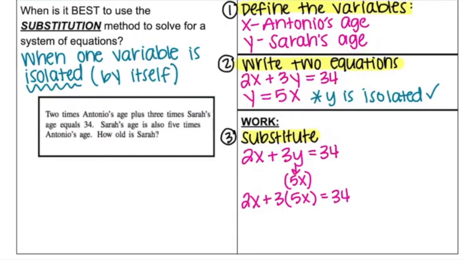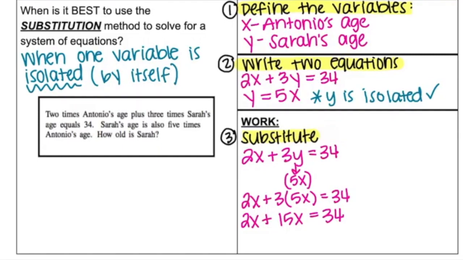So that was our substitution piece. Now we can actually solve for x, and we do that by simply solving out this equation that we have now. So 2x plus, 3 times 5x is 15x, equals 34.